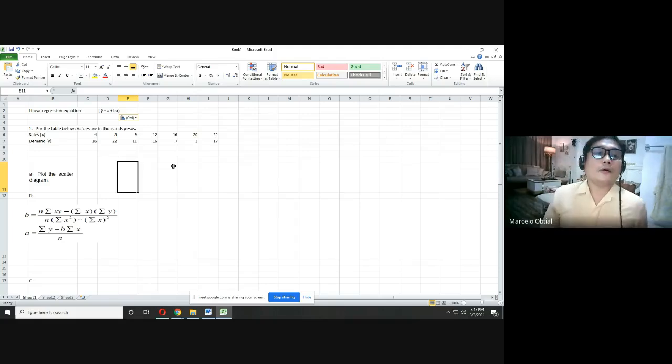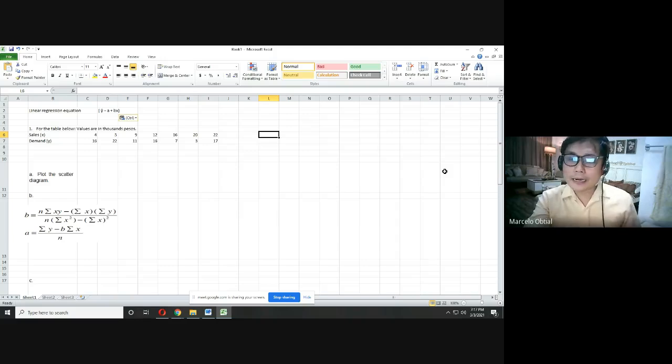Now, example here, example ako ng x at y axis dito. Sales at demand for MBA students. Maybe for the teachers, maybe you want to know kung meron bang kinalaman yung paglalaro ng Dota in number of hours ng estudyante natin in relation to their grado. X yung number of Dota hours per week, at y ang grado nila at the end of the term.